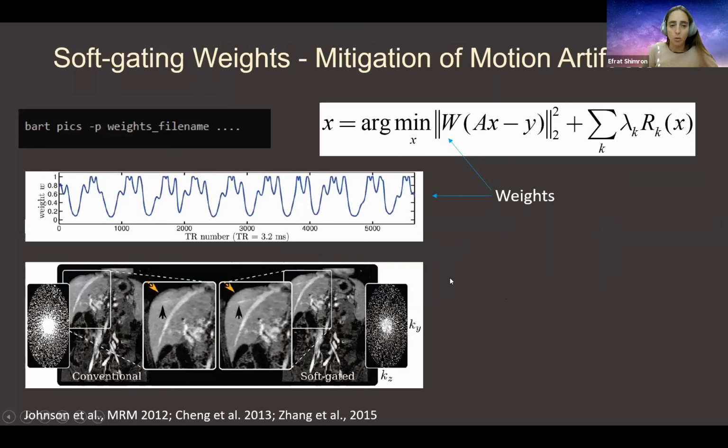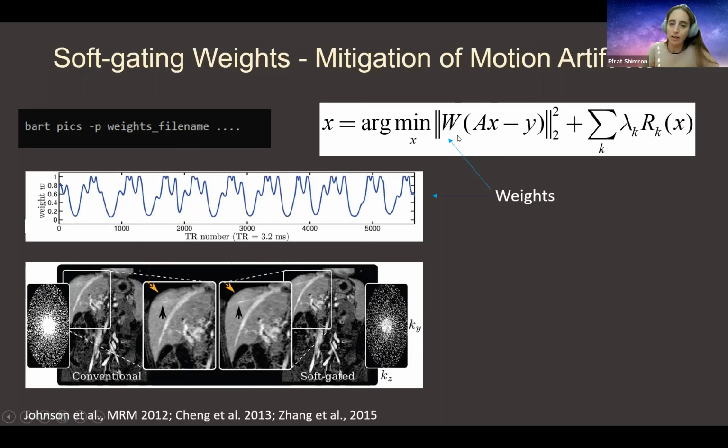So the soft gating weights are a way that enables us to weigh k-space data according to a gating signal. We can use, for example, a hard gating method, where all the weights, both for soft gating and for hard gating, are implemented into the compressed sensing problem using this W matrix here. So W is a matrix that multiplies the data consistency term.